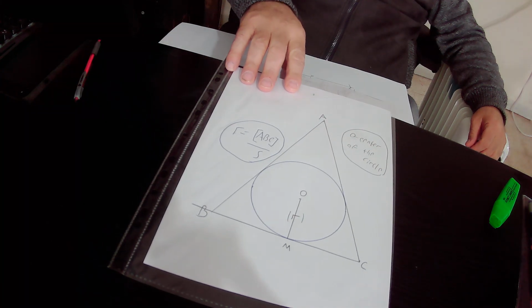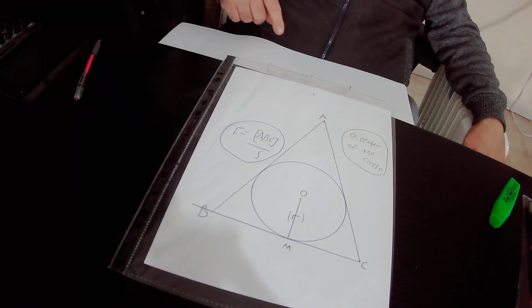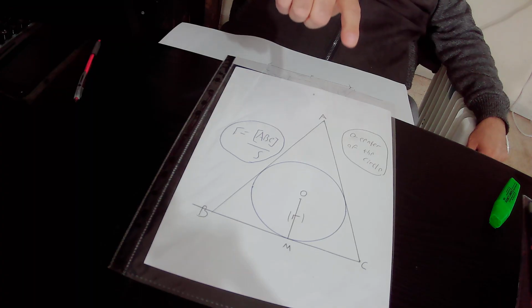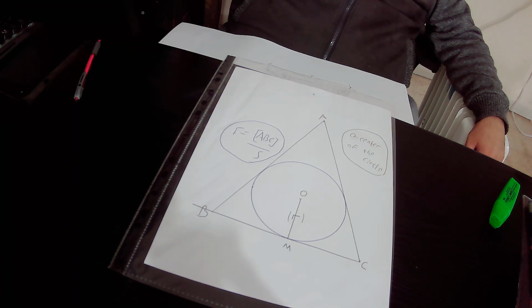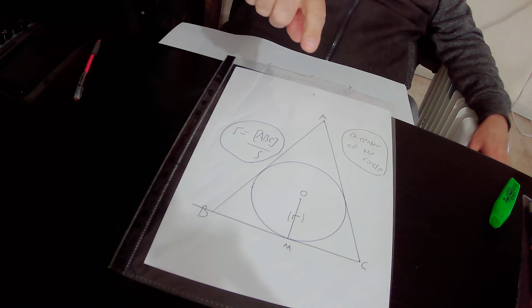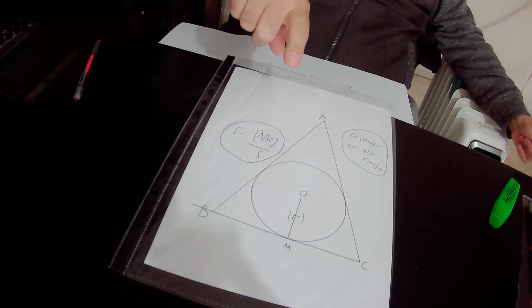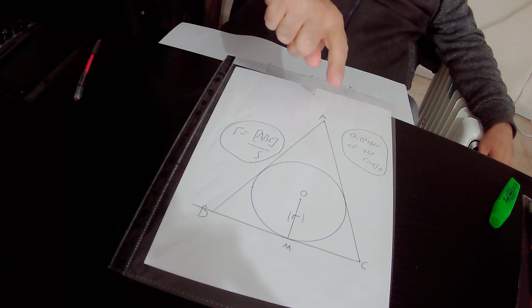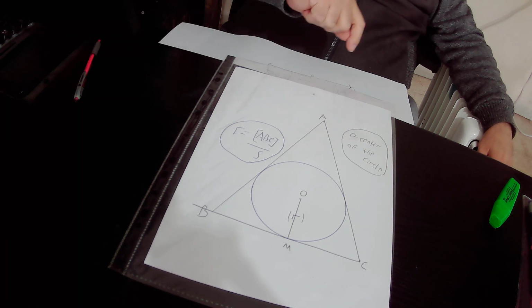So you can see in the drawing, we have triangle ABC, which could be any triangle. Inside triangle ABC we have a circle that is enclosed by this triangle, and according to rule number 15 we can find the radius of this circle only by knowing the area of triangle ABC and the side lengths of the triangle.